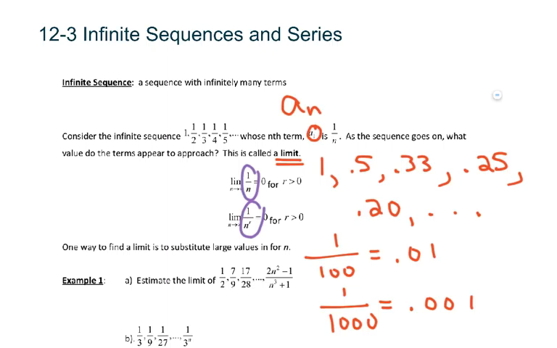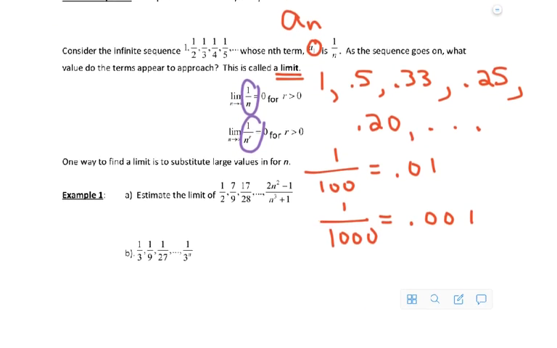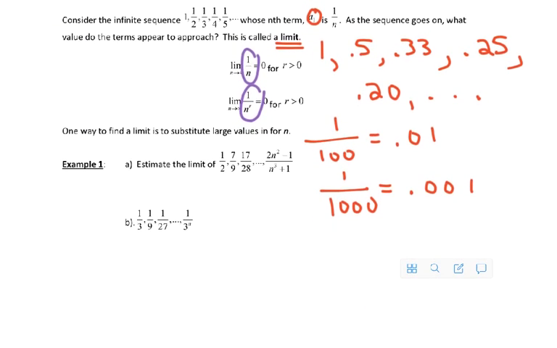So we say that the limit approaches 0, which is the same as the horizontal asymptote, and that's what we discovered here in this 1, 1/2, 1/3, 1/4, 1/5, and so on. One way to find a limit is to substitute large values in for n.